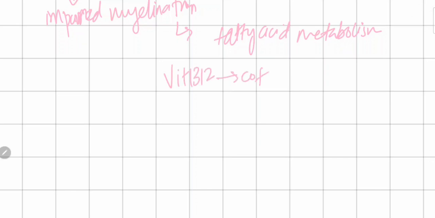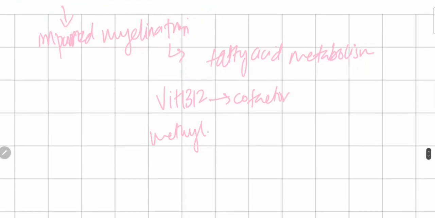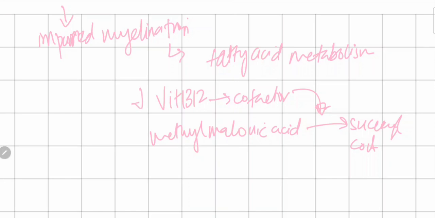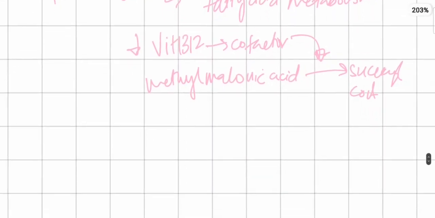It is actually a cofactor for the enzyme that is going to convert methylmalonic acid to succinyl CoA. So if B12 helps the enzyme that does this, when it's deficient, it won't happen, and the right fatty acids are not produced, so myelination is not going to happen, because we know myelination is insulation, that's fat, right? So the damage is going to cause all the problems.